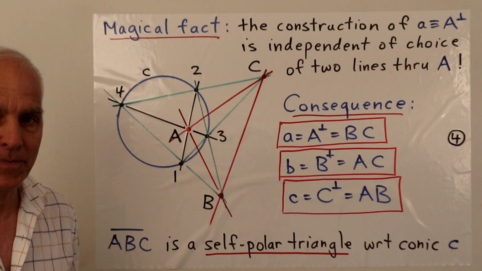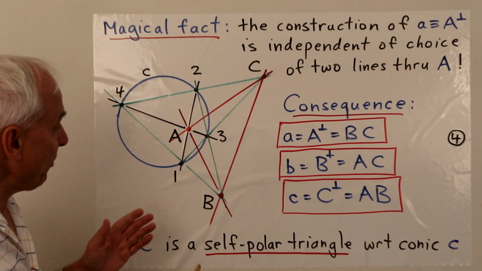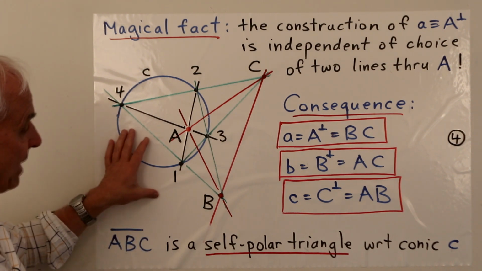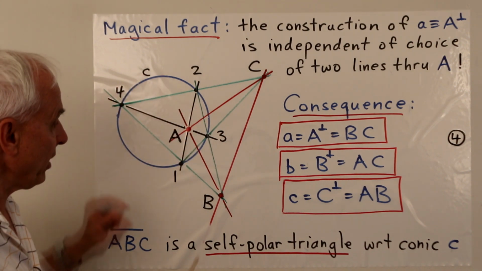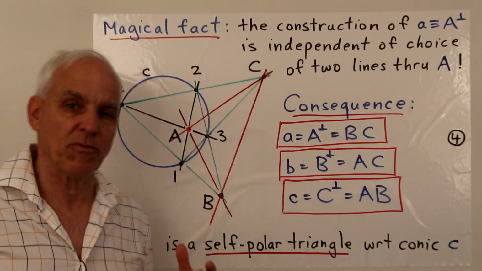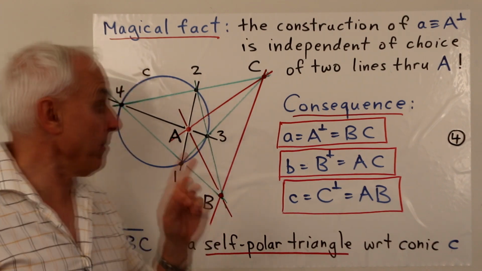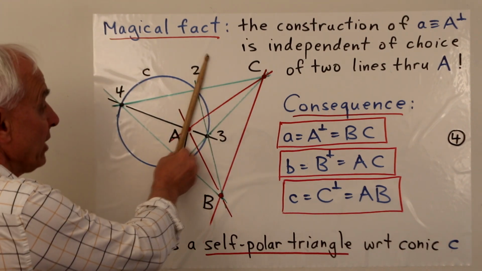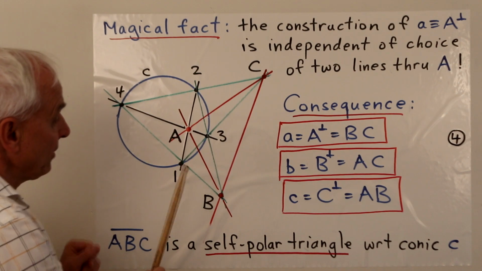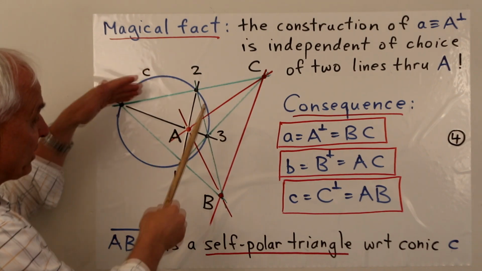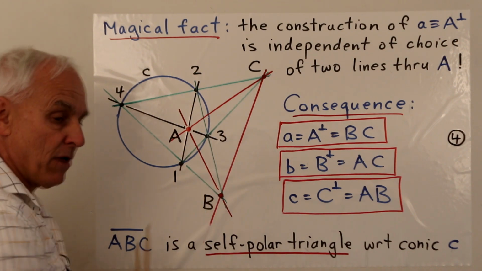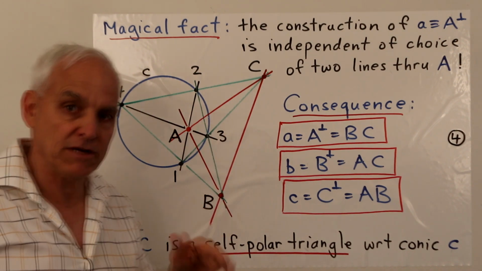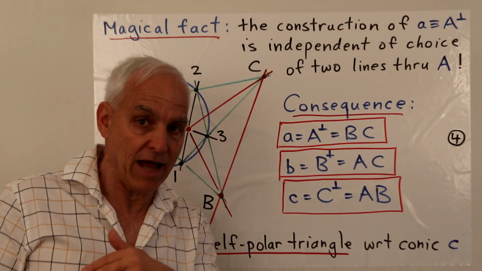So for example, here's the same kind of picture. I have the circle, same as I did in the previous one, and the point A is in the same relative position. But now I actually am choosing two different lines through A. And the diagonal points that we get in this case are up here. C is now up here, and B is down here. Those are quite different positions than we saw in the last one.